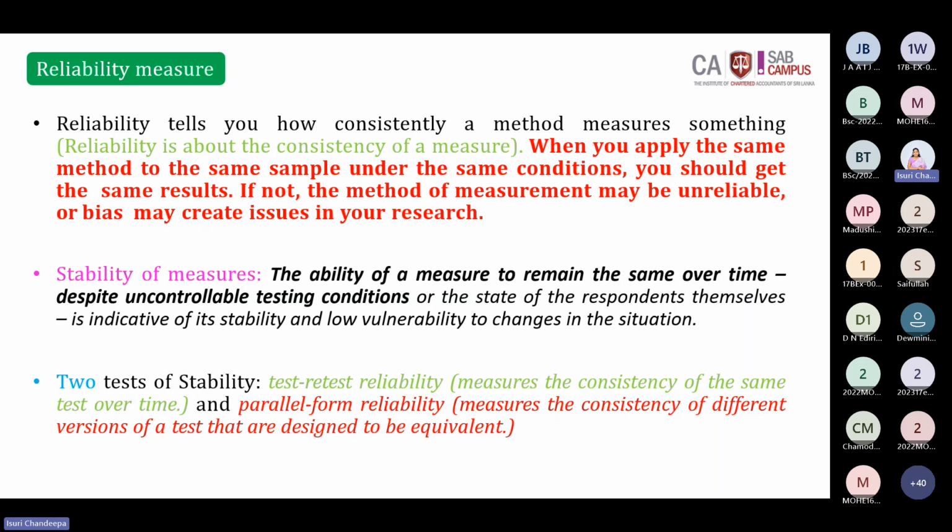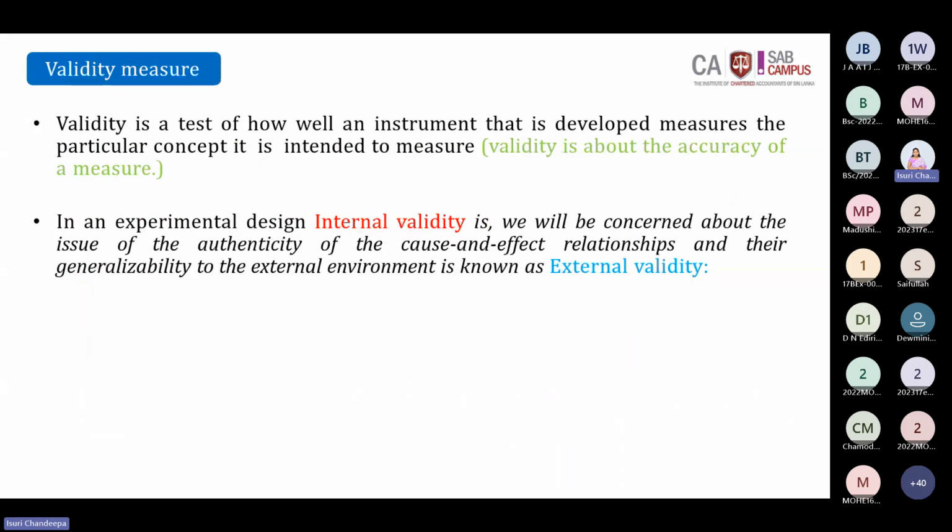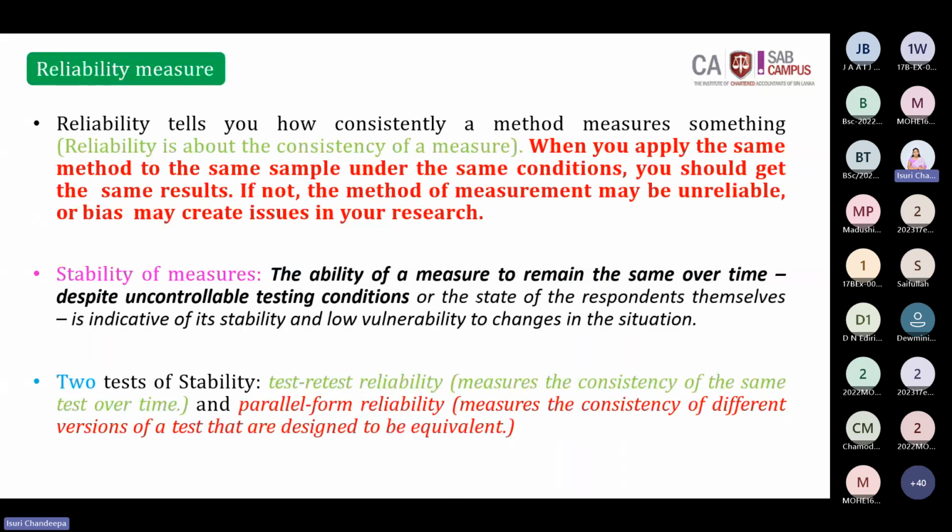If not, your questionnaire is not reliable. Not reliable. Right. So you can test 2 types of reliability, test of stability: test-retest reliability and parallel-form reliability. You can identify those things when it comes to the analysis context.